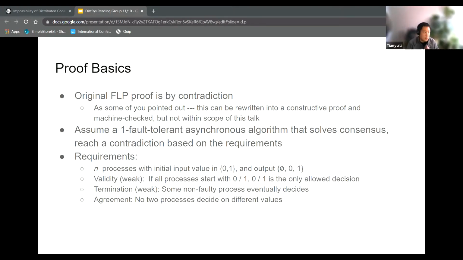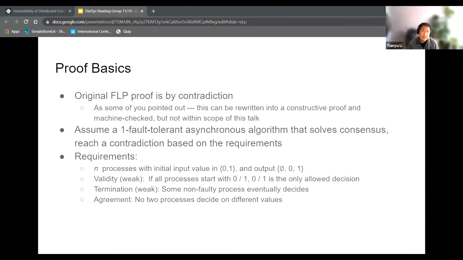First, validity, where we're using the weakest form possible: if all of them start with ones or zeros, they had better all agree on ones or zeros. Second, termination, also in the weakest form imaginable: some non-faulty process eventually decides. It doesn't have to be all of them, just one.